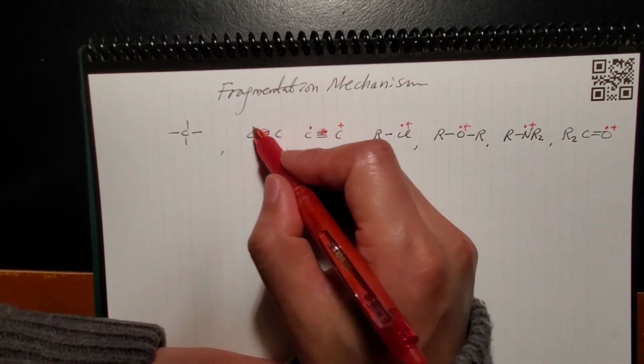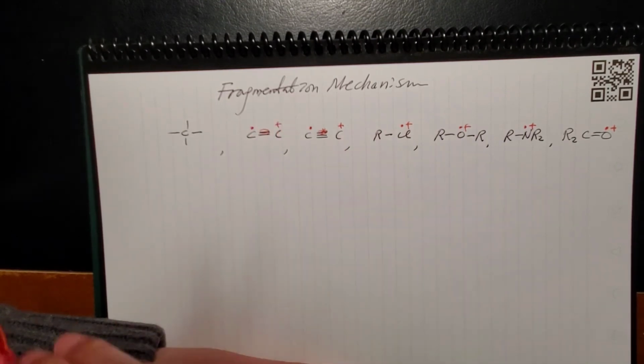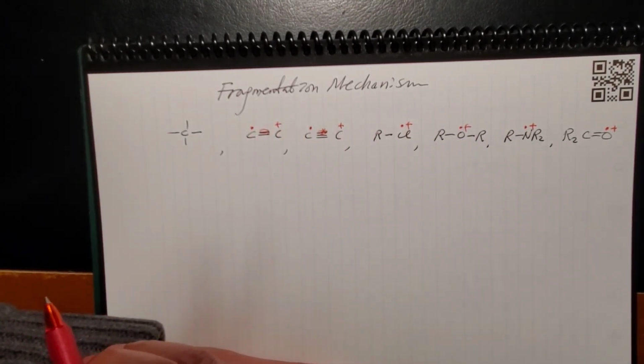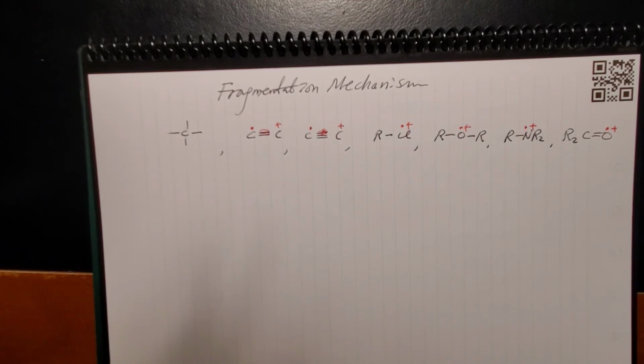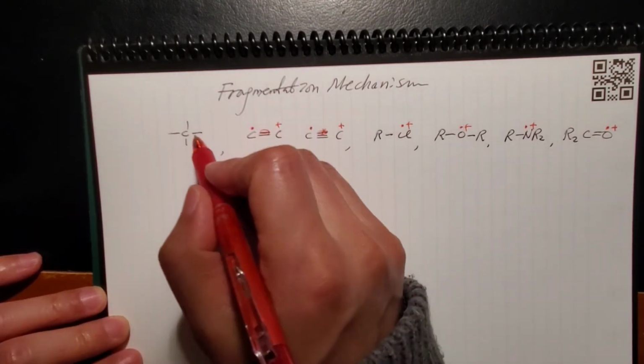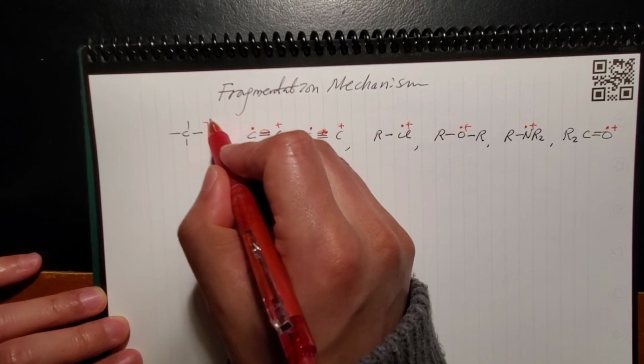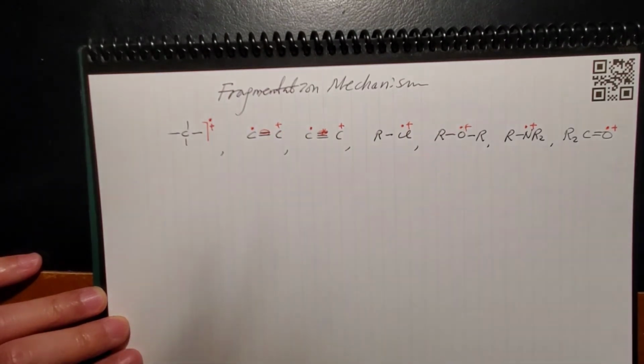Whichever carbon is better to be the cation, a more substituted carbon is better to have a plus charge. But even a sigma bond can lose one electron. It's difficult to show without a quantum mechanical picture, so you can draw it this way.